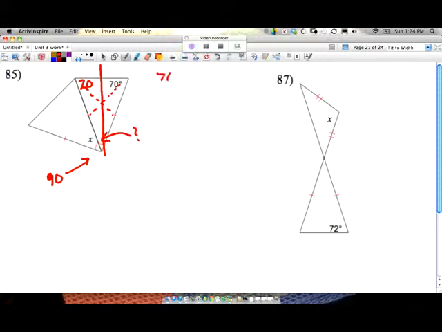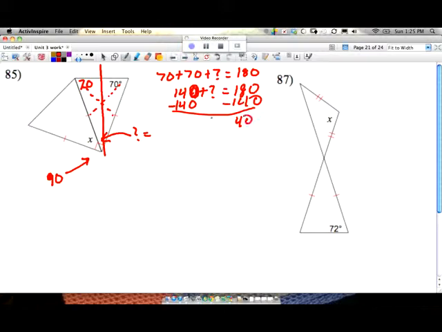So I'm going to call this a question mark. And I know that 70 plus 70 plus the question mark equals 180 because those three make this triangle in the top piece here. That's 140 plus a question mark equals 180. So this question mark, whoops, 140, not 144, is going to be 40. When I subtract 140 from both sides, I get it equals 40.